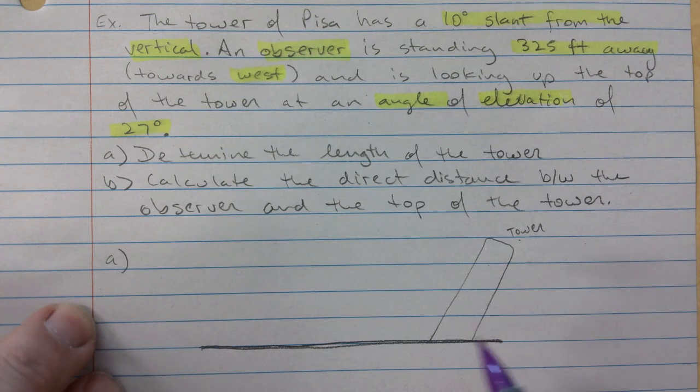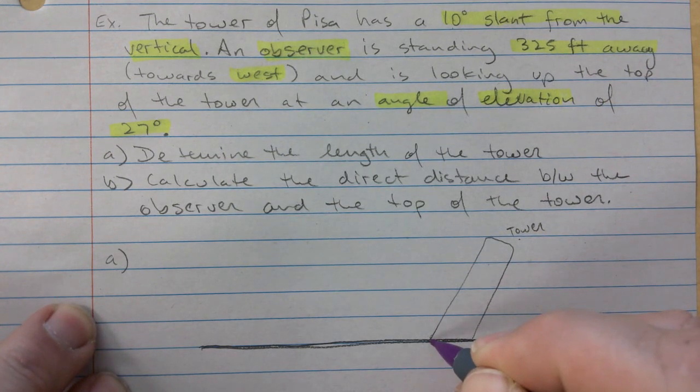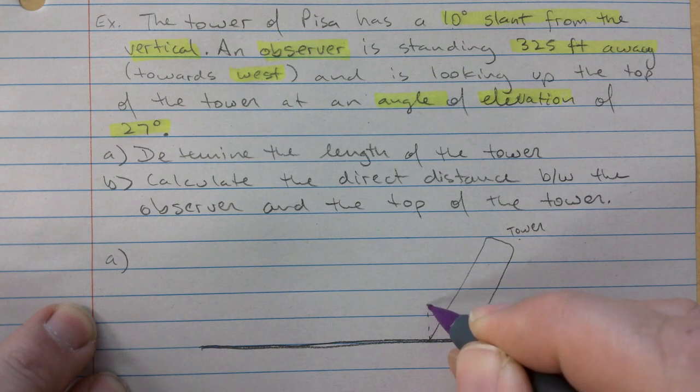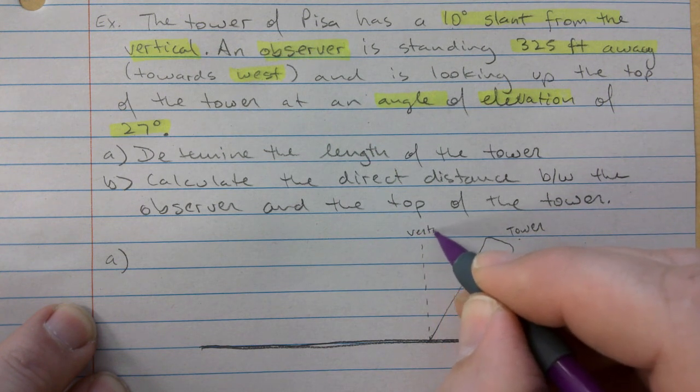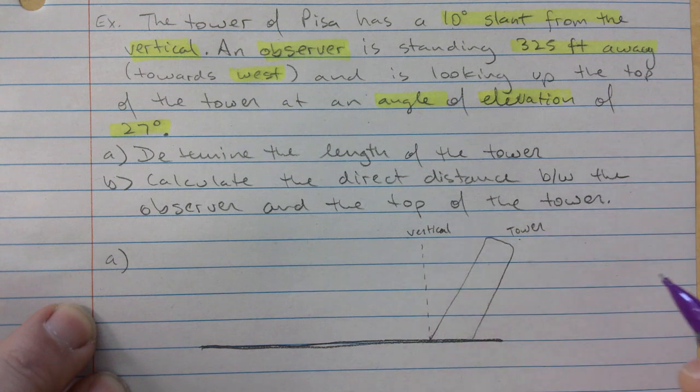And the vertical is an imaginary line that's always there. Vertical is up, down, right? And we know that that is 90 degrees at that point.